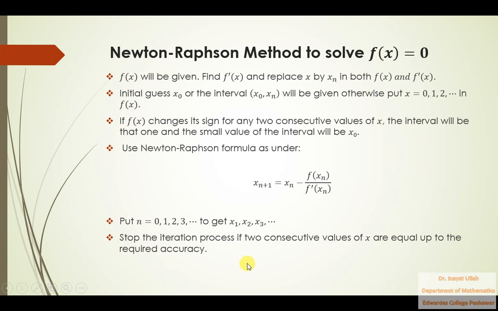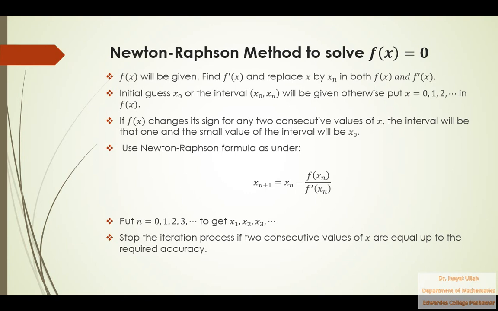It means that if you want the solution up to 4 decimal places, then you need to check whether two consecutive values of x obtained from the Newton-Raphson formula are equal to each other up to 4 decimal places or not. If you are dealing with 5 decimal places, then two consecutive values of x must be equal up to 5 decimal places.